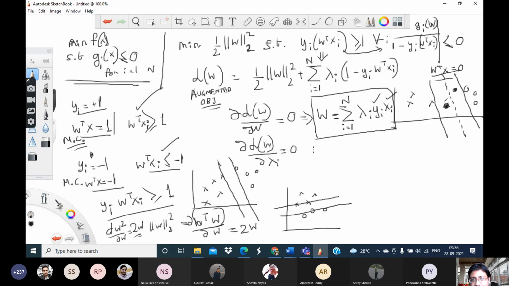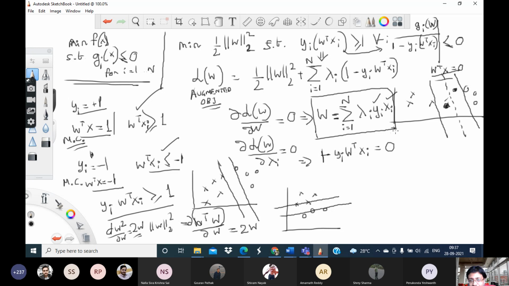That means if I take the derivative with respect to that term, what I get is 1 minus yi w transpose xi is equal to 0, right? All the terms which do not contain lambda i will of course become 0.